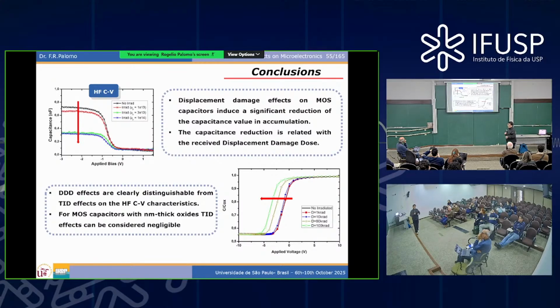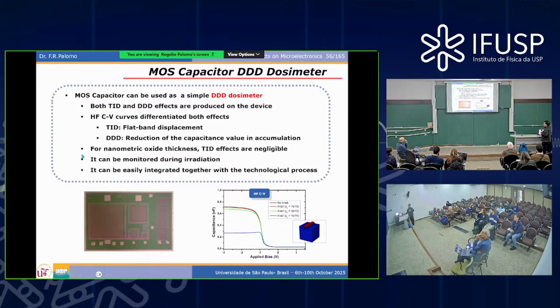It's very useful in a hard neutron environment, for example if you are interested in sending a probe to study the sun, because it was used. Not my work, but this effect lets you distinguish in a very simple way between displacement damage doses. That was the idea of the MOS capacitor.